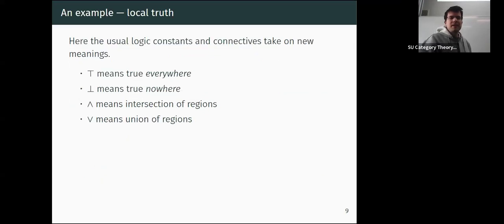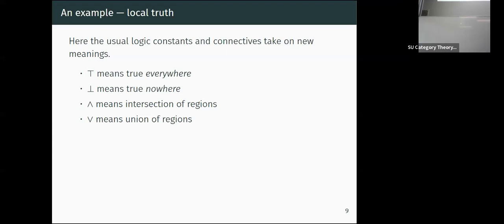Okay. So now our truth values aren't going to be just true and false. They're going to be a region on the Earth, an open set. And here, our usual notion of the top, the truth, means it's true everywhere. And the bottom, the falsehood, is going to be something that's true nowhere.